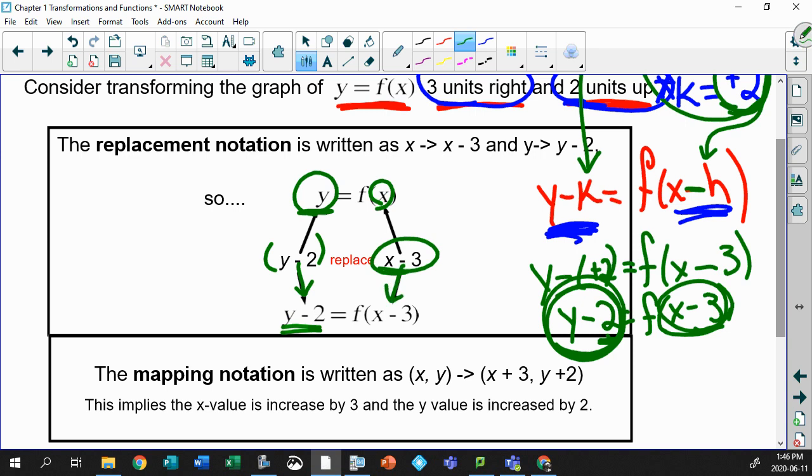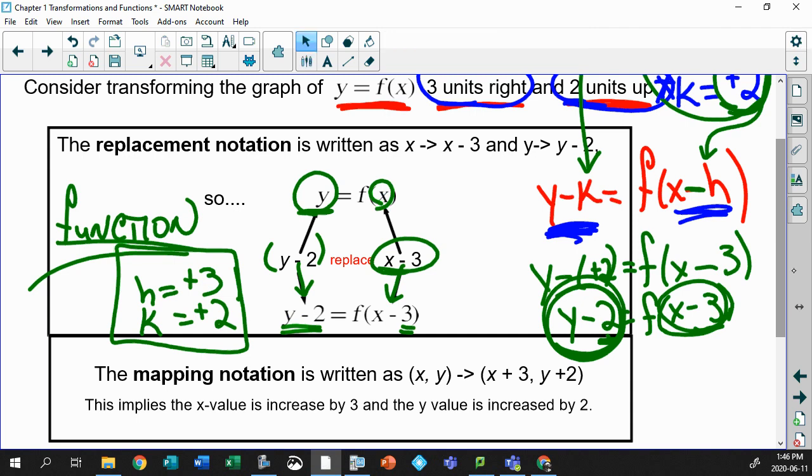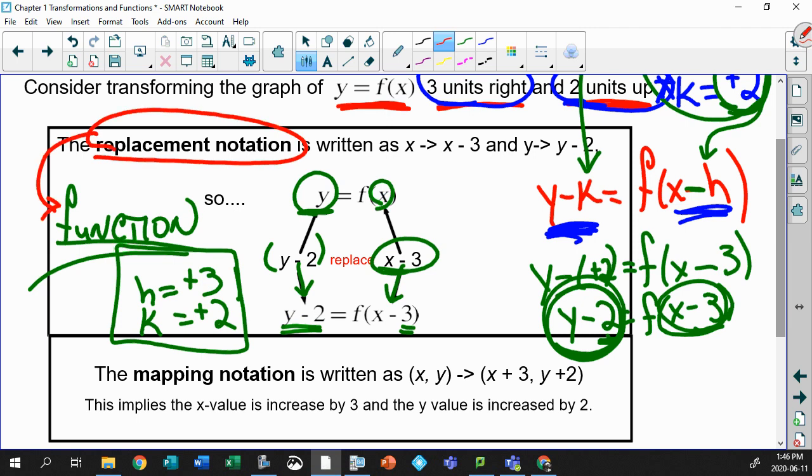But remember, because it's the actual function, the h is actually a positive value, the k is actually a positive value. So important to remember that. Okay, so replacement notation usually deals with the entire function.